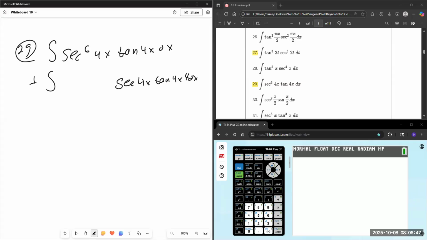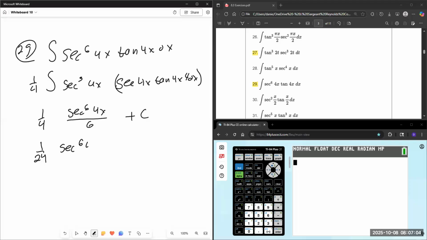Add a 4 and a 1/4, and the remaining pieces here will be secant to the 5th 4x. So that's 1/4 of secant to the 6th 4x over 6 plus c. It's 1/24 secant to the 6th 4x plus c.